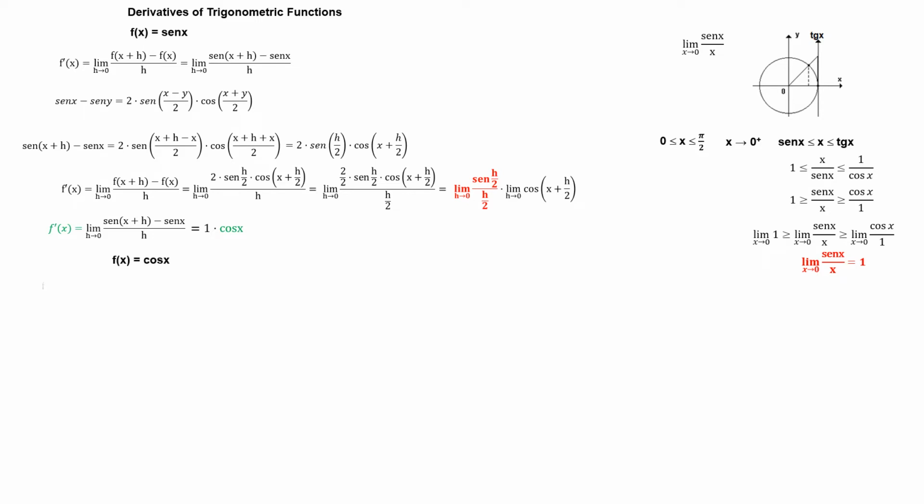To find the derivative of the cosine function, we use the basic definition of the derivative, similar to that for the derivative of the sine function. We use the same methods as in the proof for the sine function. Pay attention.